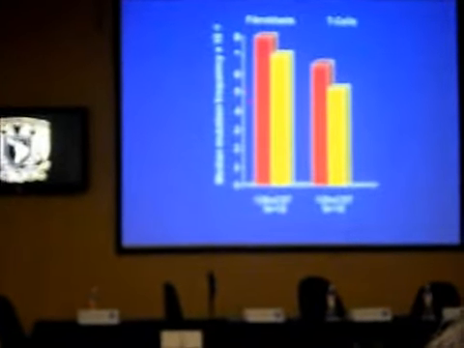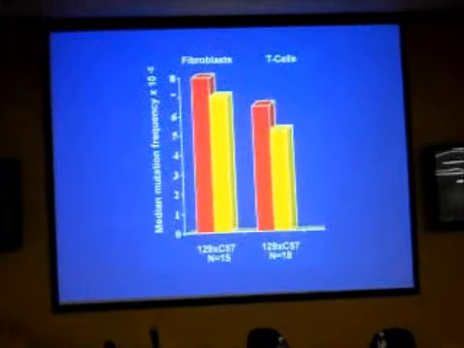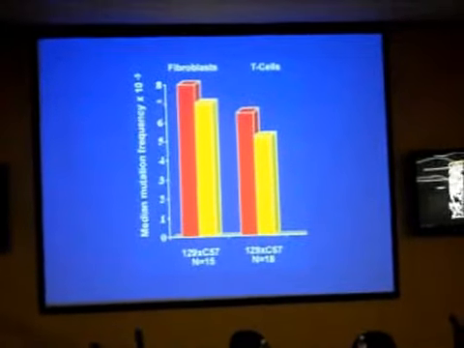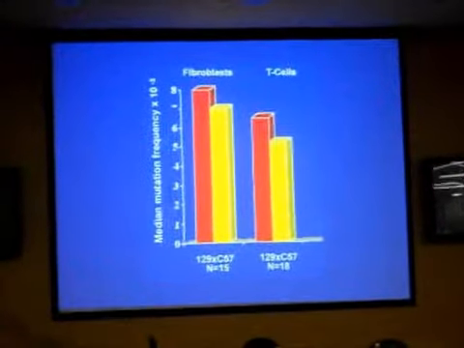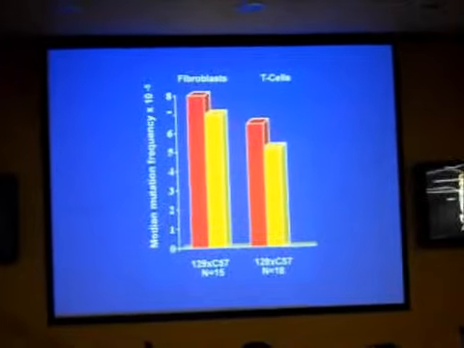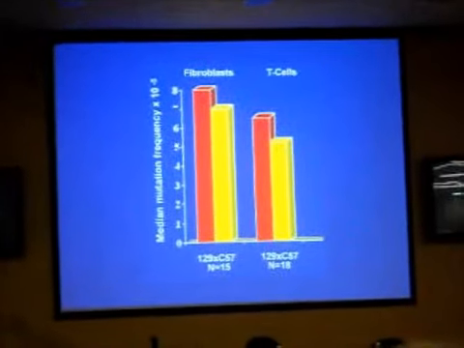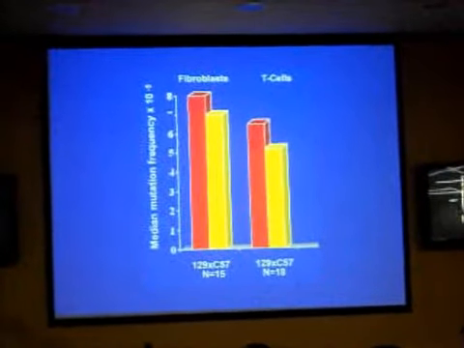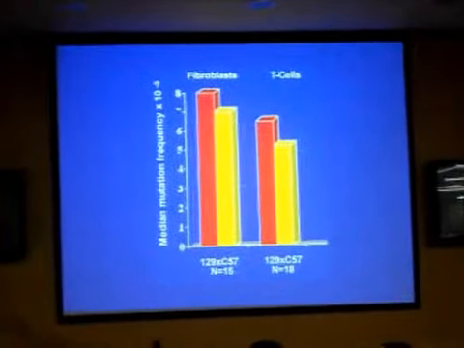So the red bars is the mutant frequency that we see, and the yellow bar is the proportion of events, the frequency with which we see loss of heterozygosity due to mitotic recombination. And as you can see in fibroblasts, about 80% of the events, of these mutagenic events, loss of APRT activity in this case, is due to recombination.